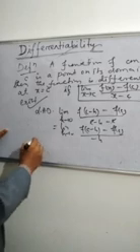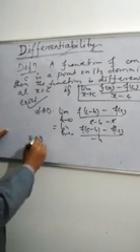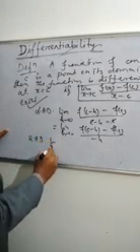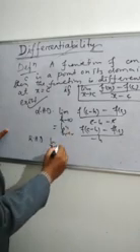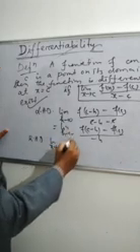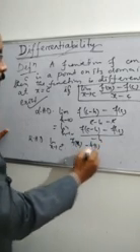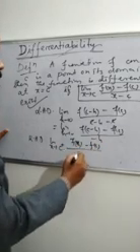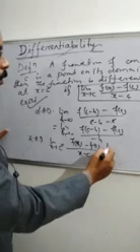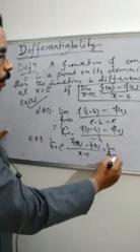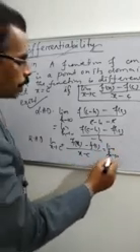So in case of RHD, what will be? RHD is the limit as x tends to c plus of (f(x) minus f(c)) by (x minus c). We consider h to be any positive number and h tends to 0.